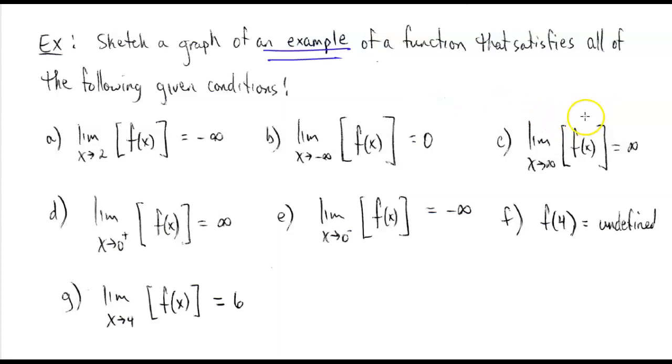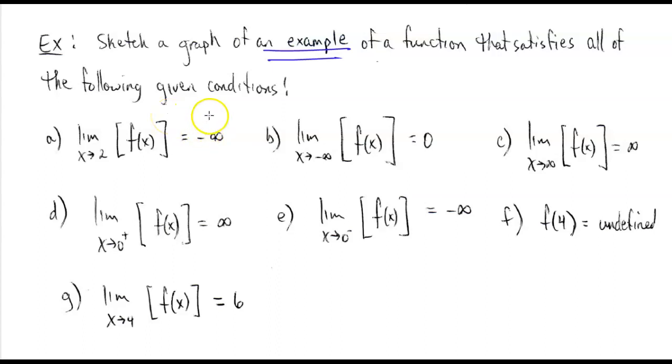All right. So we're going to start with the first one. Here, we're told that the limit of this function as x approaches 2 goes to negative infinity. If you remember, here we have a limit of a function that approaches a specific x value and ends up being positive or negative infinity.